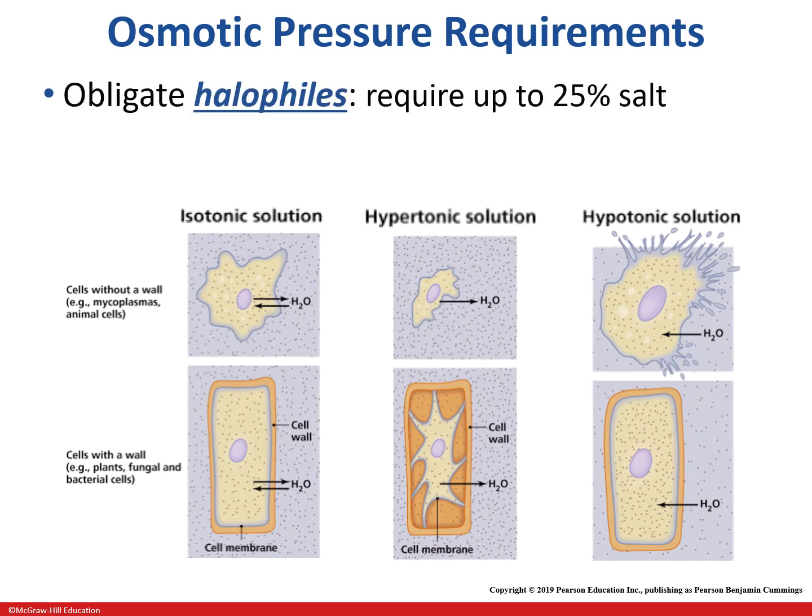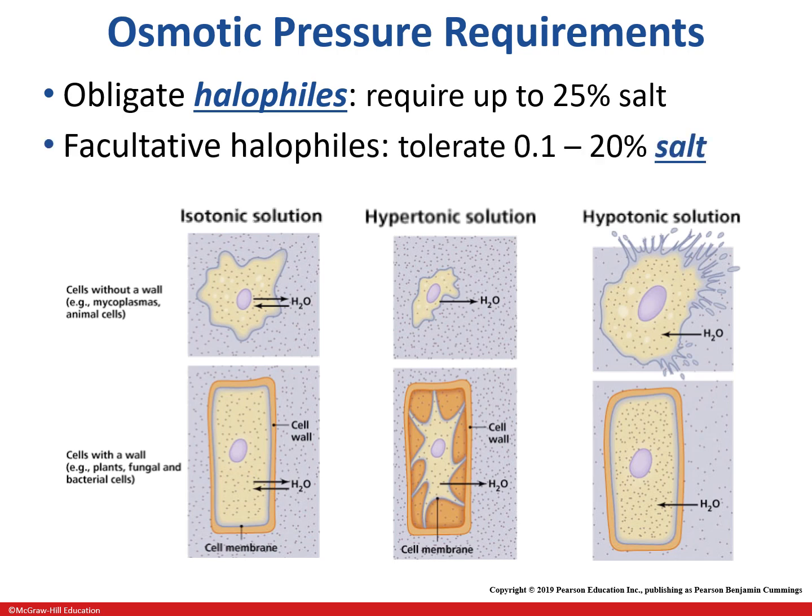If you are an obligate halophile, remember that the prefix halo is referring to halogens, which, if you look at the periodic chart, is the next to last column on the right, and that would be things like chlorine, fluorine, iodine, and so that chlorine is the salt portion here. And so if you're an obligate halophile, you actually need an environment with a high concentration of salt.